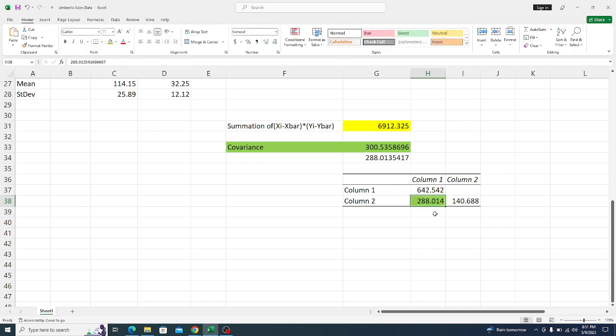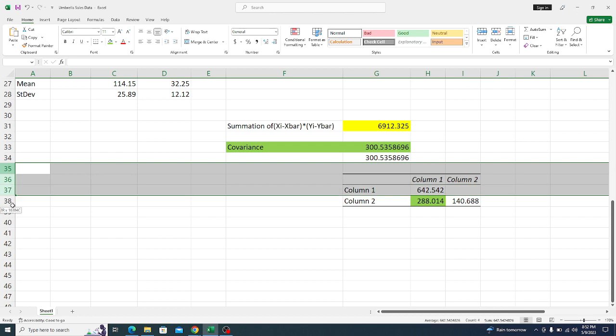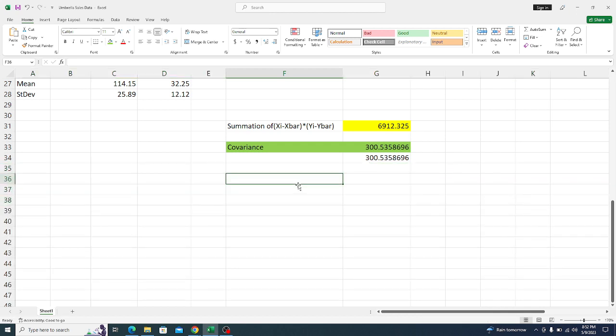That's why I said in most cases the Analysis ToolPak assumes the data is population data. Otherwise, you can always use the inbuilt function just to be specific, so that you may be specific with your computations.